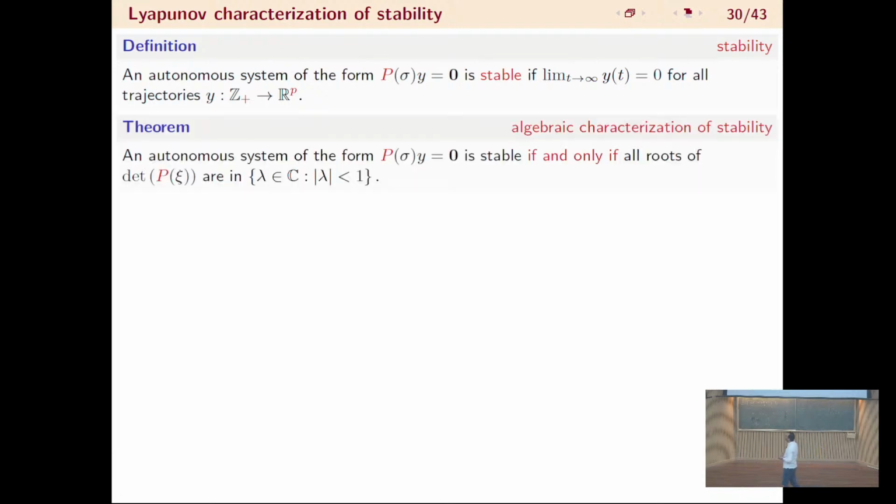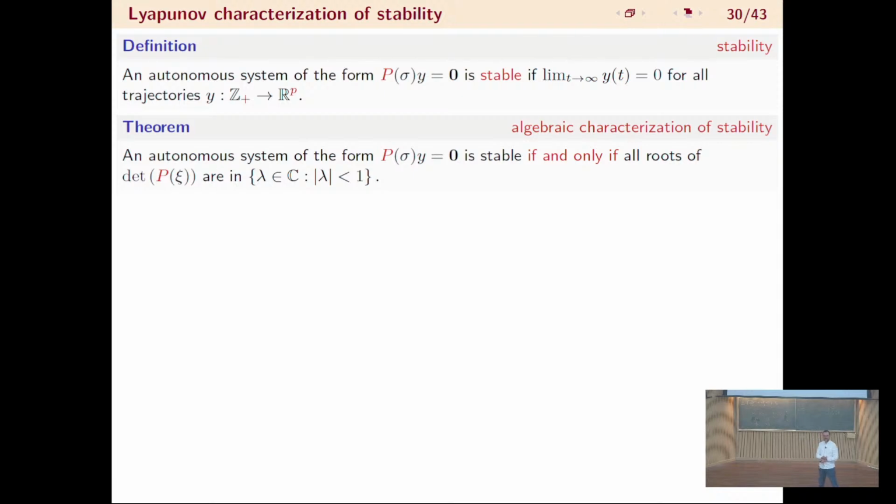Now, one can show that an autonomous system is stable if and only if all roots of the determinant of P of Xi, which is a square polynomial matrix, are in the open unit disk. I take the determinant, it's going to depend on Xi, and all the roots of this polynomial must be in the open unit disk.